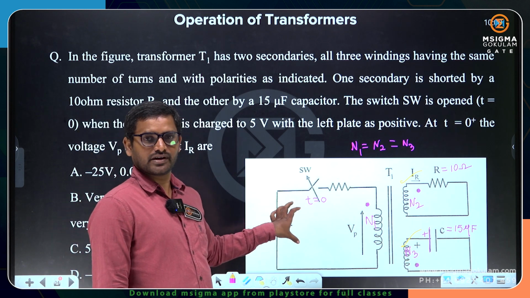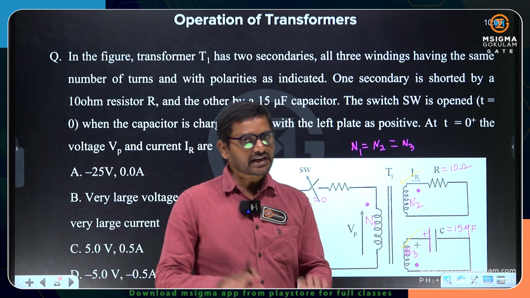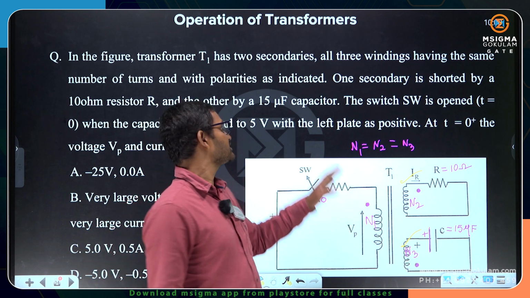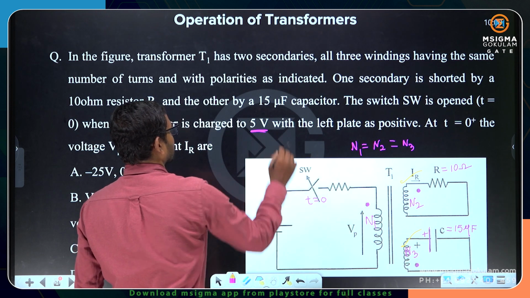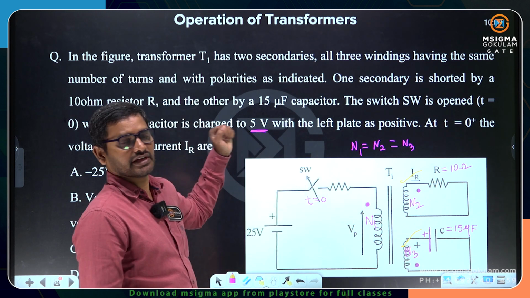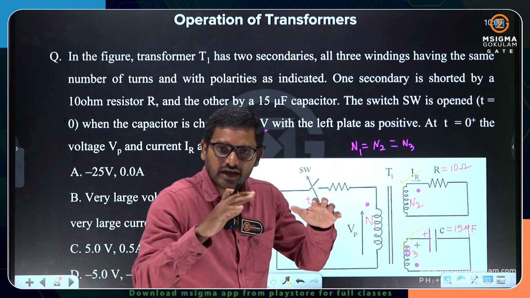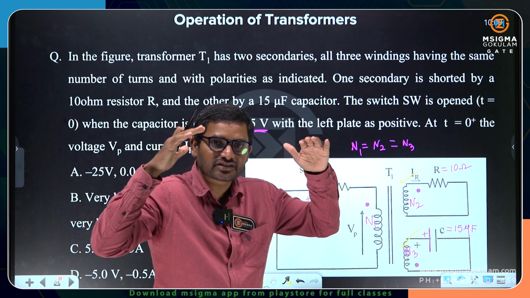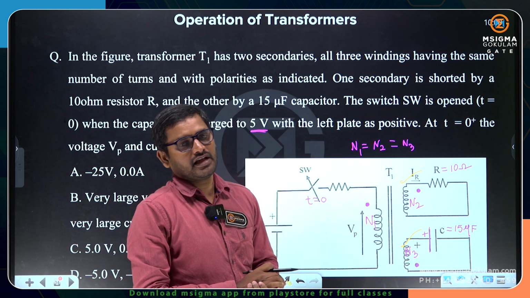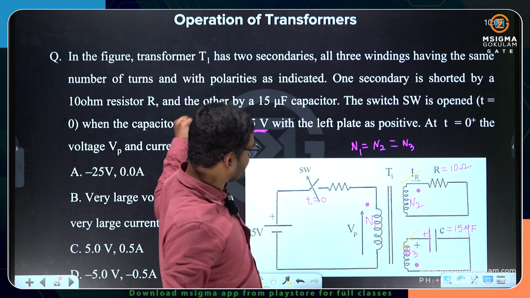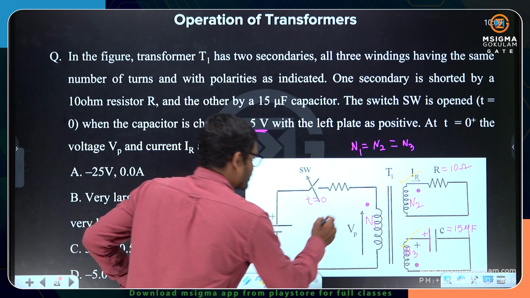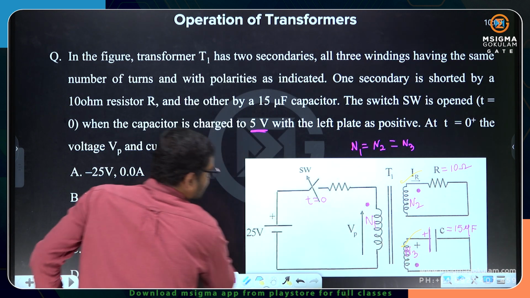Okay, it is clearly understood that because of connecting the voltage source, the capacitor is going to be charged, no doubt. How much voltage? He has mentioned 5 volts. Now we are opening the switch. Whatever energy the capacitor has stored in the form of electric field, now when you disconnect the switch, this winding is free from the source.